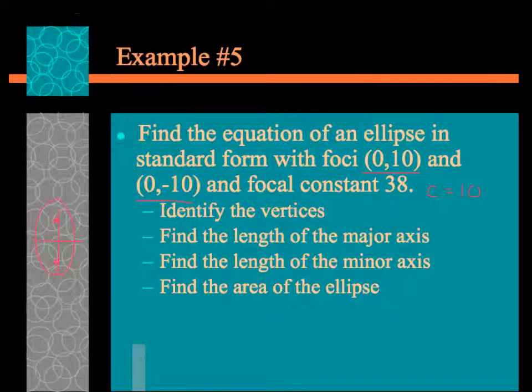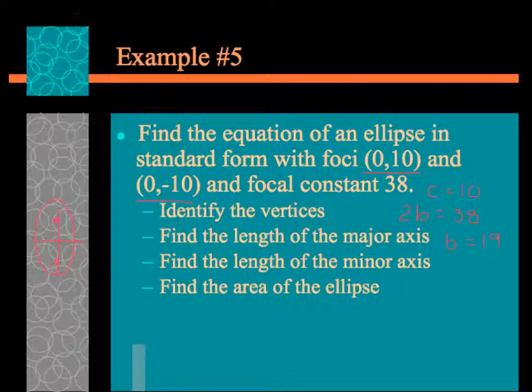And so the focal constant then, if we look at our graphic organizer, is going to be 2b. So we're told the focal constant is 38. That means that 2b must be 38. And so when we divide both sides by 2, we find that b in this case is 19.